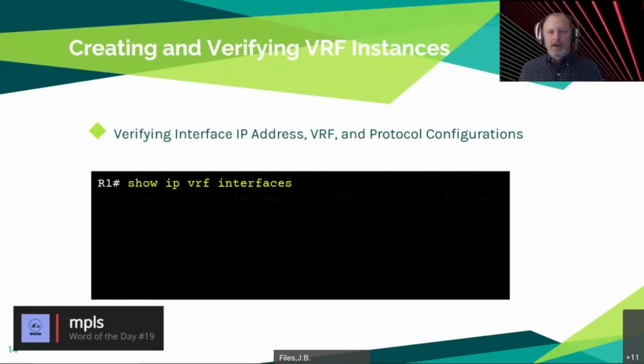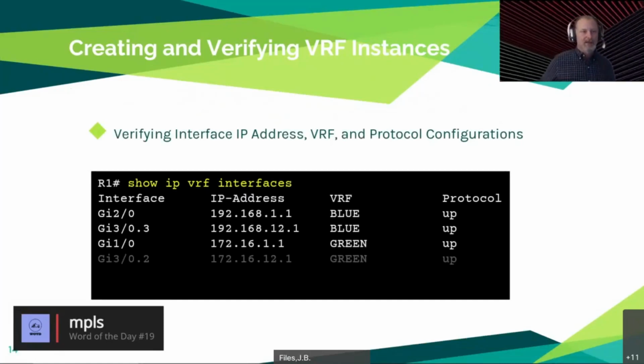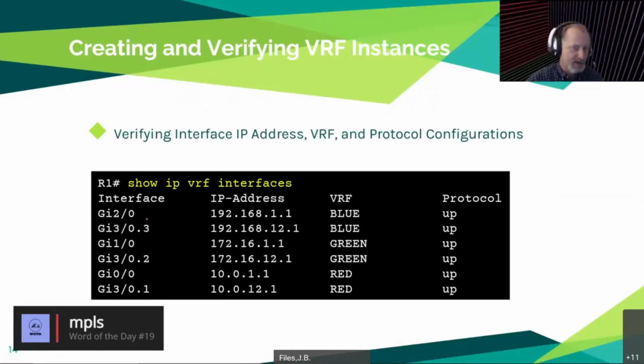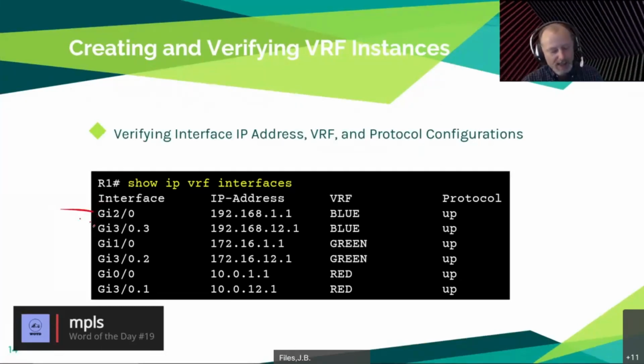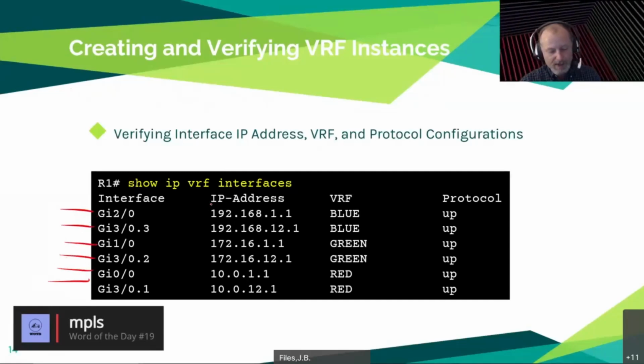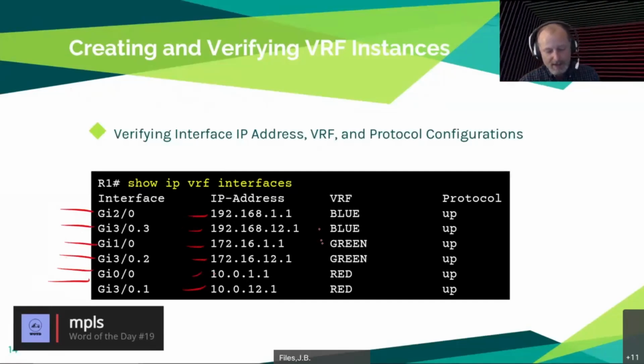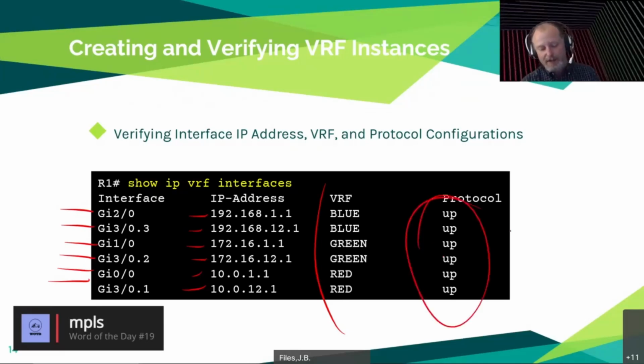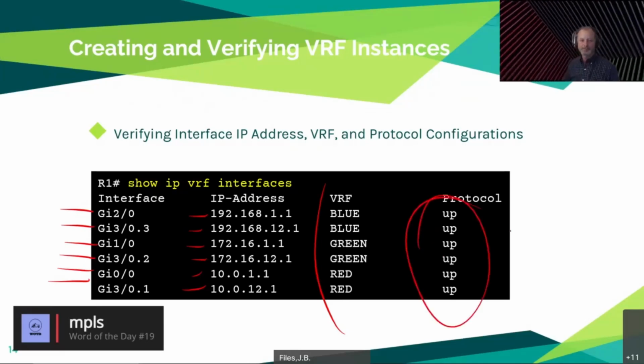Now we do show IP VRF interfaces on R1. Now we can see each interface, its IP address, and the VRF it belongs to, and if it's up or down at layer 3.